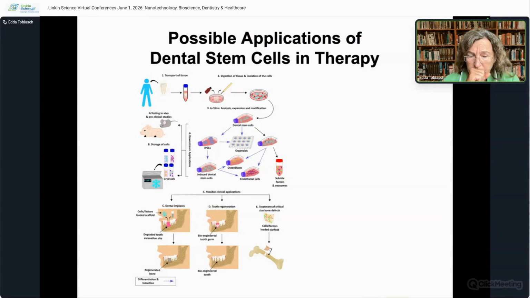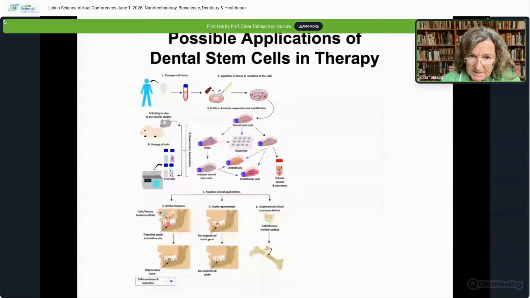If I summarize what I just told you, there are a lot of things you have to consider if you use such a material for research or in therapy. You can use dental material if you just want to go towards hard tissue such as jawbone. You have to digest that and expand it, and from the dental cells, you can differentiate them towards osteoblasts.